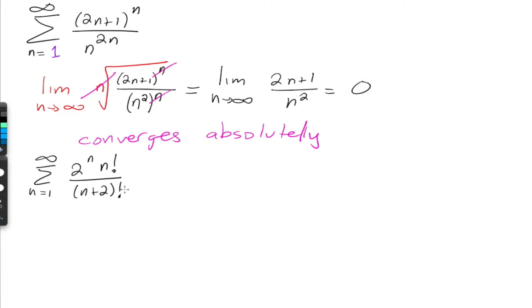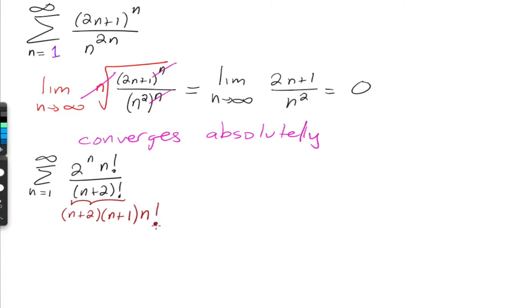You can simplify the factorials, right? Because you have a factorial on top, you have a factorial on bottom. This n plus 2 factorial, that's n plus 2 times n plus 1, times n factorial, right? Because this is n plus 2 times n plus 1 times n times n minus 1, and so on and so forth.